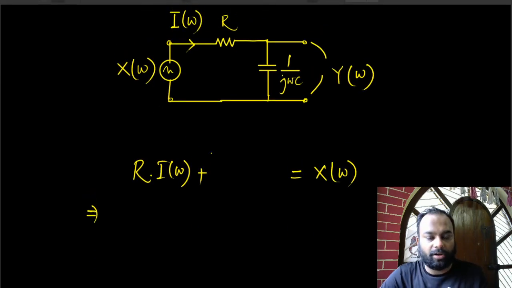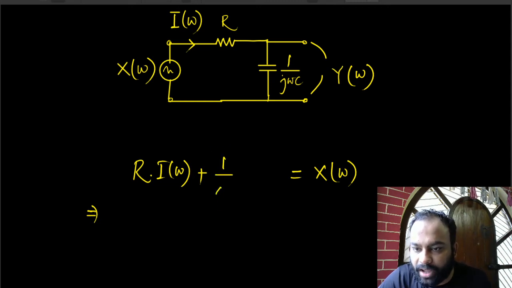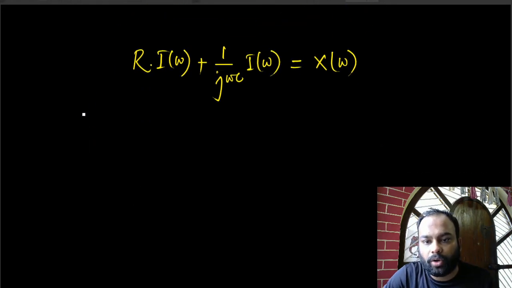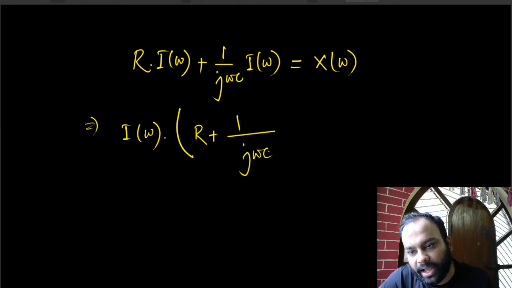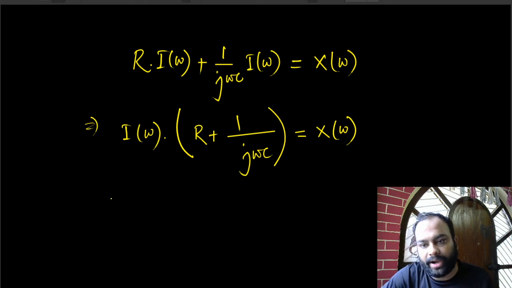In Fourier, after doing the Fourier transform, things will be slightly more clear after writing this. So we have I(ω), and I can take R plus 1 by jωC common out of these. I have X(ω).